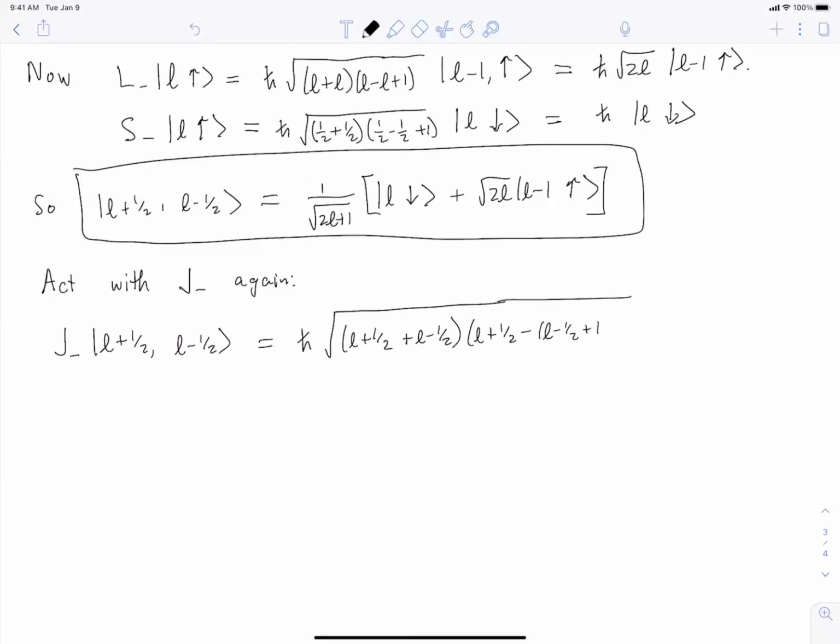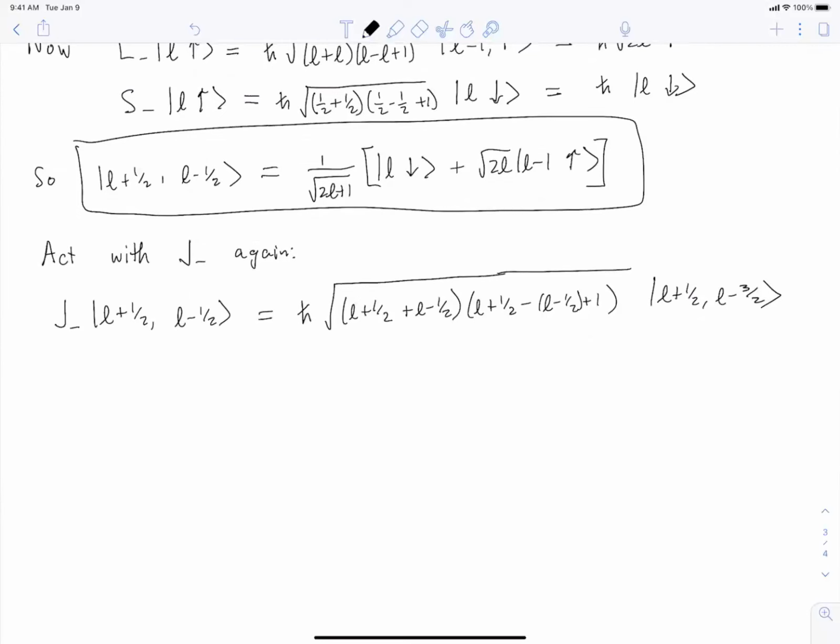We're plugging in what J and M sub J are. This is acting on L plus 1/2, L minus 3/2, because we've lowered the unit of J by 1.